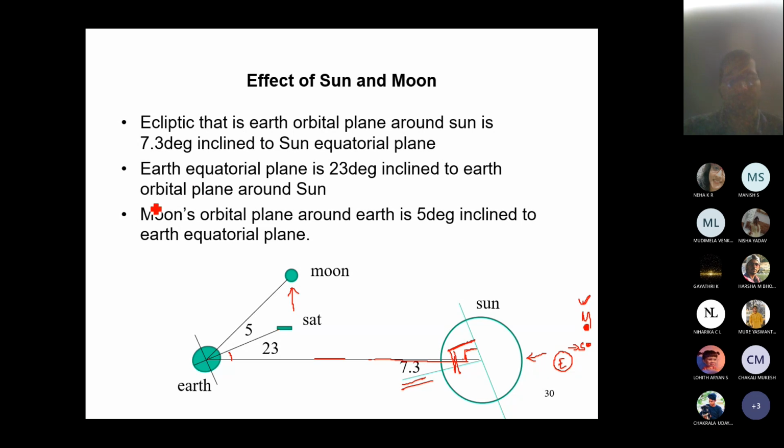So if this is the Earth's equator, and assume this satellite is a GEO satellite, the orbital plane of the GEO satellite is the same as the equatorial plane, but the moon's orbital plane is 5 degrees above the equatorial plane.